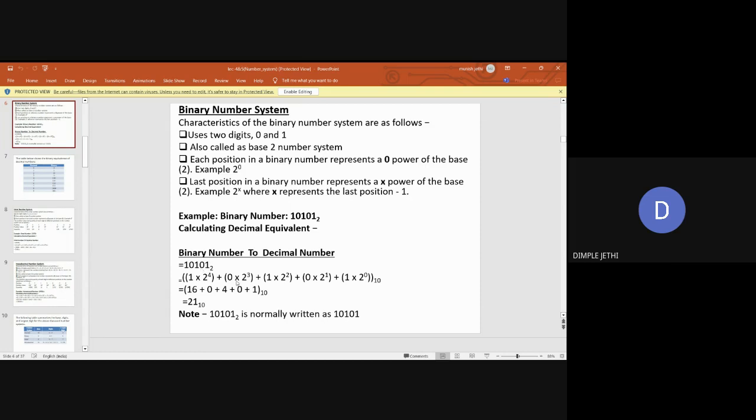Next here, suppose you have 1, this will be 1 into 2 raised to power 1. That means 1 into 2 raised to power 1 is 2. So 2 plus 1 is equal to 3.